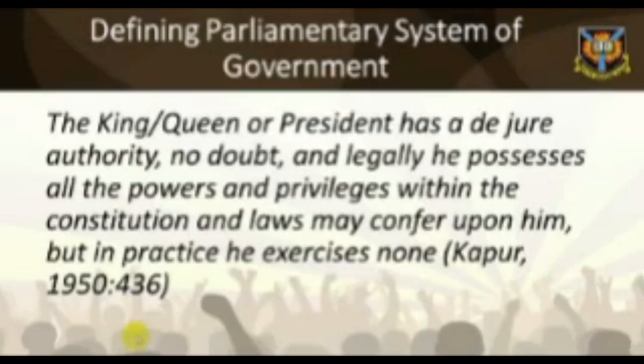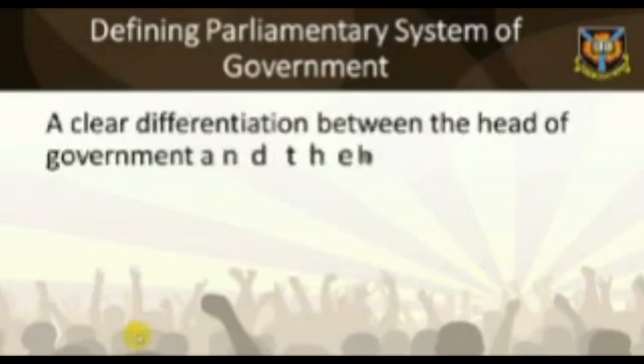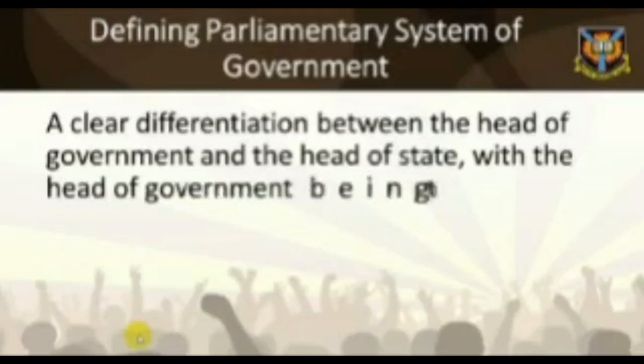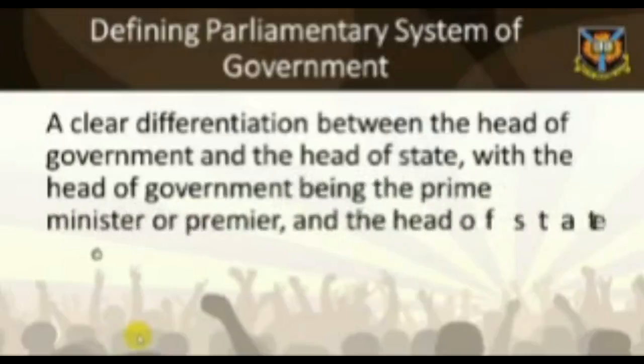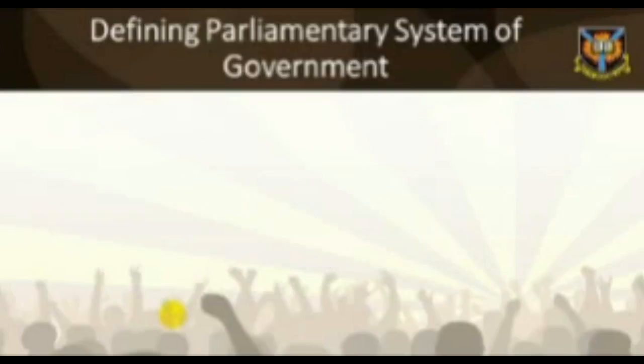Thus, parliamentary systems usually have a clear differentiation between the head of government and the head of state, with the head of government being the prime minister or premier, and the head of state often being an elected president or hereditary monarch. The way the parliamentary system is being operated differs from country to country.